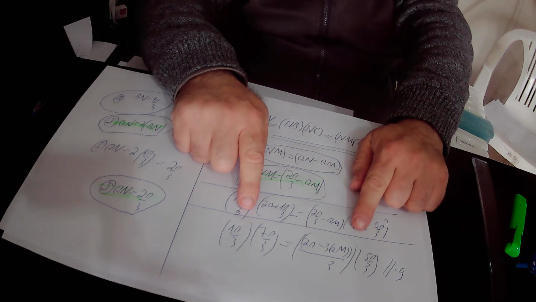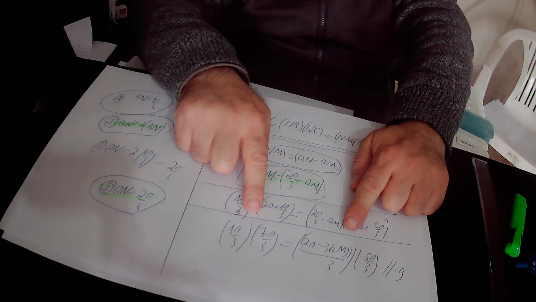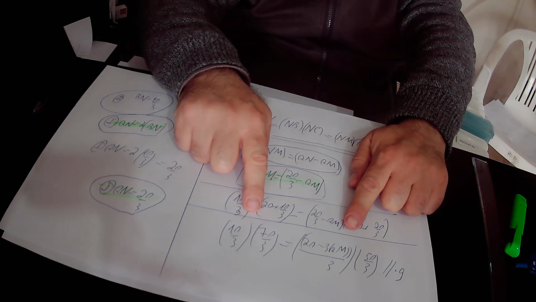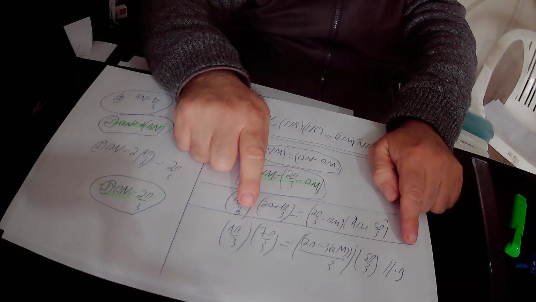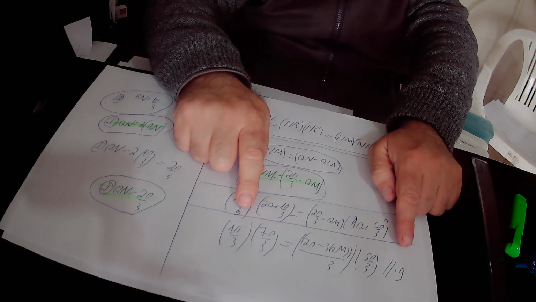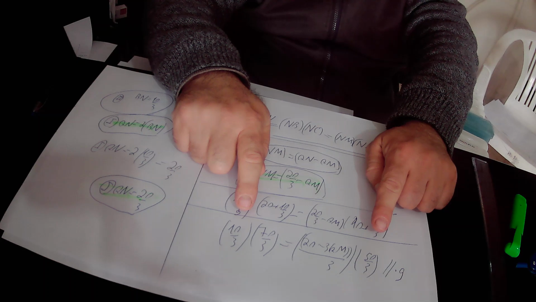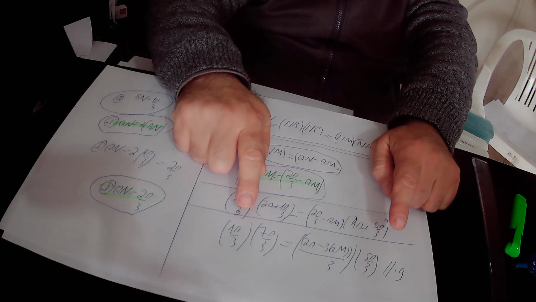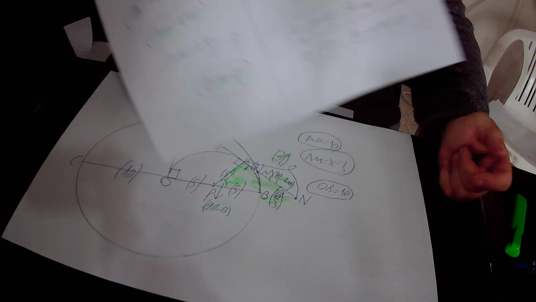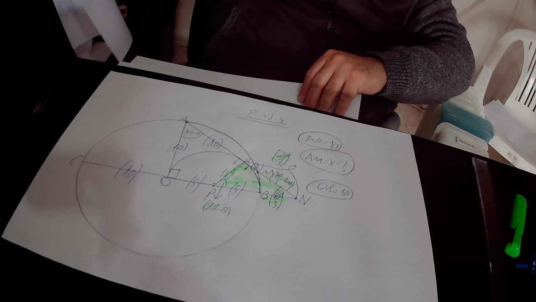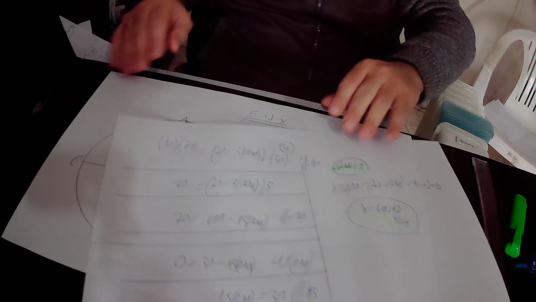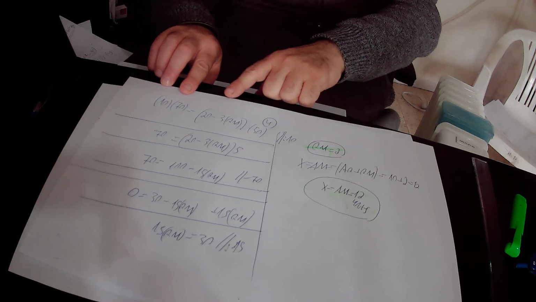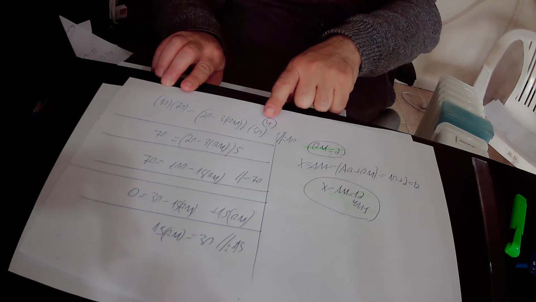On both sides of this equation, we have in the denominator 3 times 3, that is 9. Therefore, we multiply this equation by 9 in order to eliminate the denominator. After we multiplied the equation by 9, we are left only with 10 times 70 equal to 20 minus 3 QM times 50.